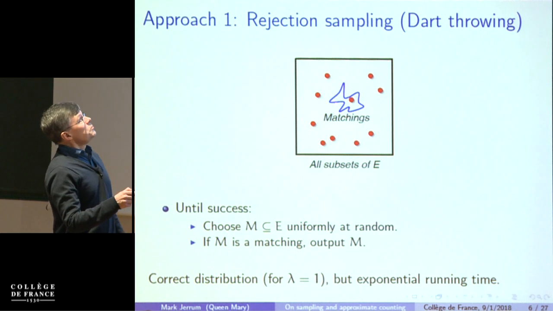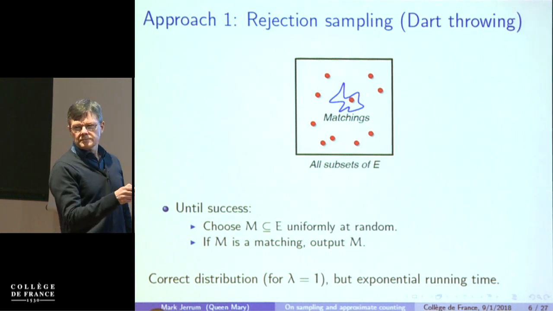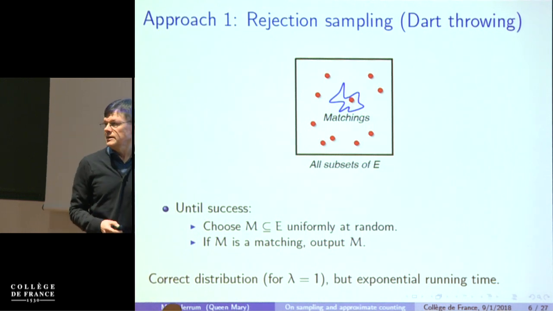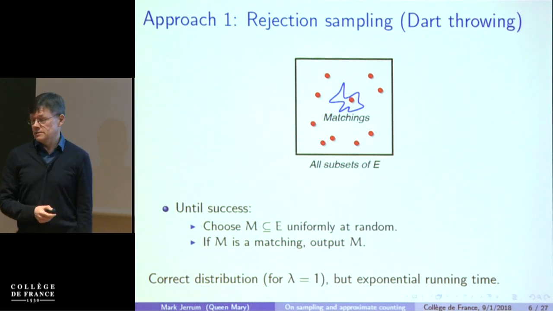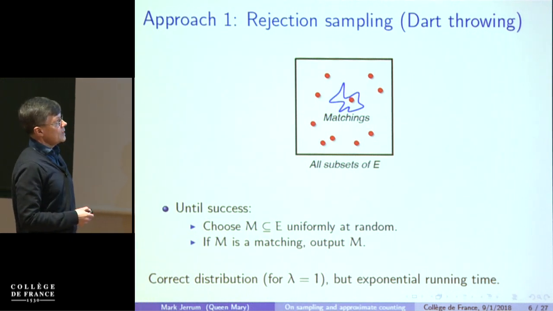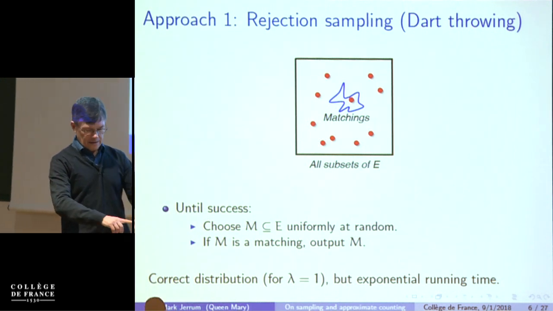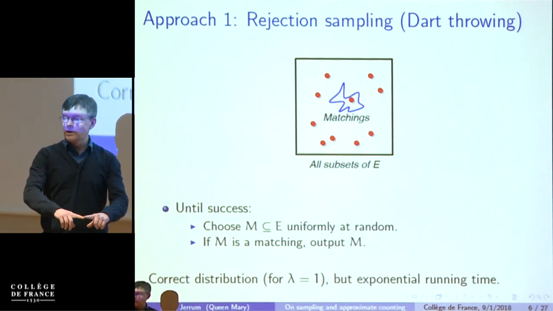But the most important thing is this is tiny. This good section is exponentially small compared with the totality of subsets. Right? Because each vertex has a chance of being one of these hits.